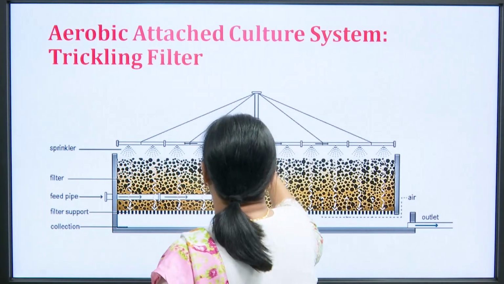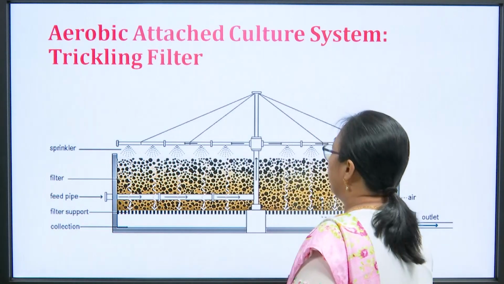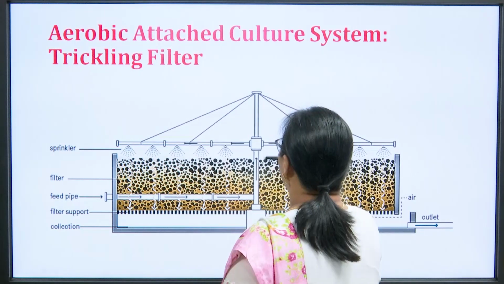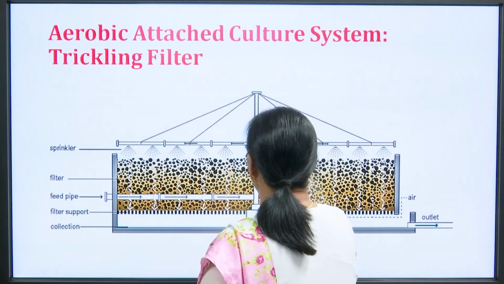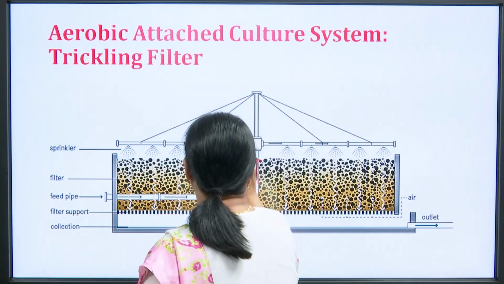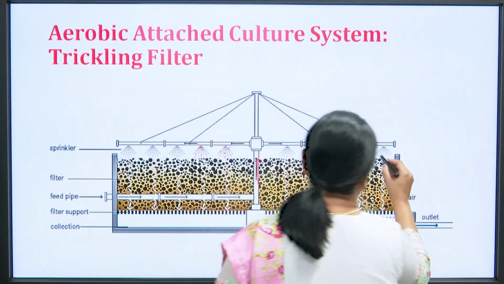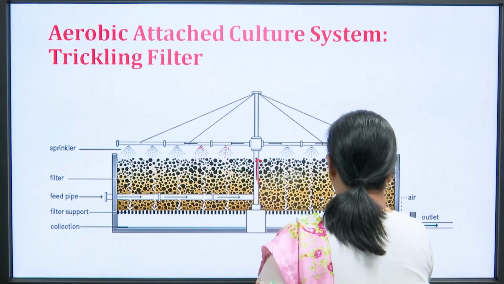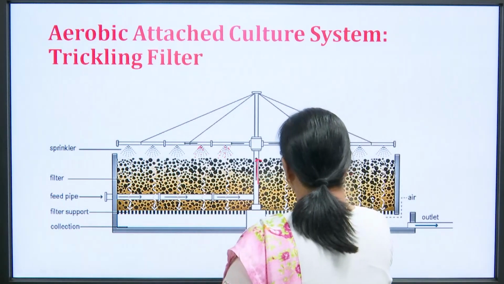What will happen is that the effluent from the primary sedimentation tank will be taken up through this pipe, and through this channel of pipes it will be sprinkled through these sprinklers, okay. You have the filtering media here, the black ones, and they will be sprinkled.